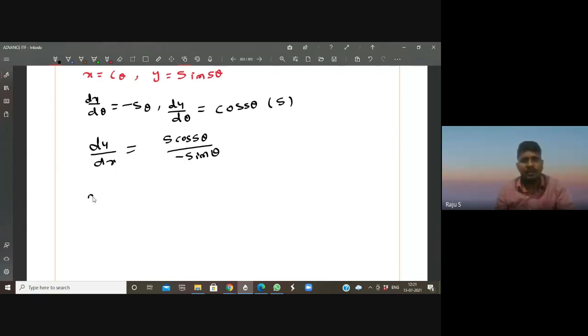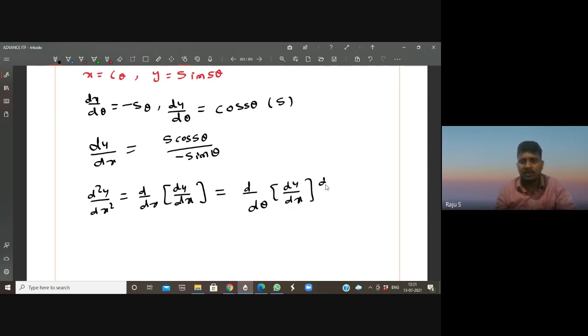We need to find d square y by dx square, which is d by dx of dy by dx. But see here, we have to differentiate, and theta terms are there. I told you very clearly, dy by d theta we can write as dy by dx. Shall I write d theta by dx here?